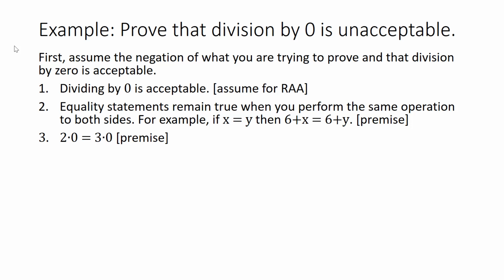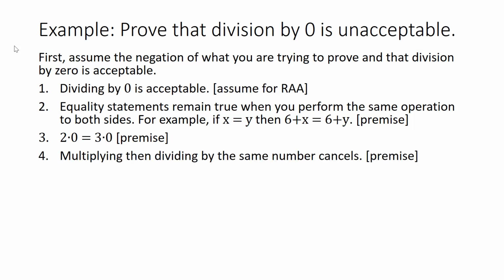You wouldn't argue with me if I told you that 2 times 0 equals 3 times 0. Both sides are equal to 0. You also remember maybe vaguely from algebra that multiplying and then dividing by the same number cancels. So if you multiply a number by 3 and then divide by 3, you get the original number. You also know that 2 does not equal 3.